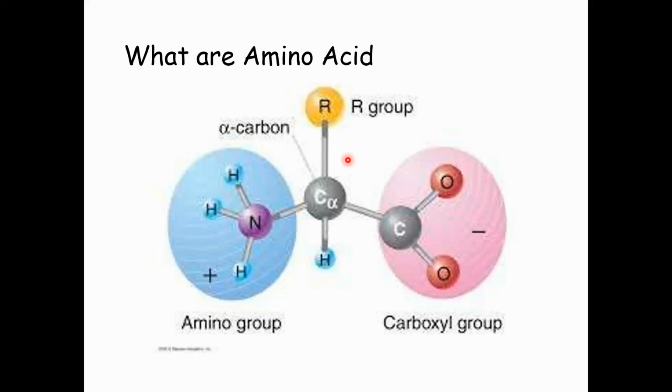So we have seen the atom, now we are going to see how atoms join together and make a big molecule. So these are the biomolecules. Amino acids are biomolecules. Why do we call them biomolecules? Because they have some biological properties.